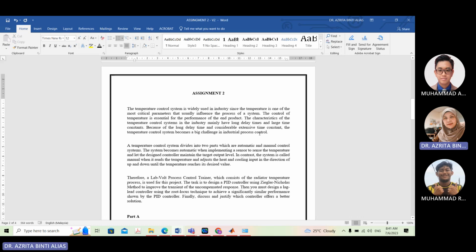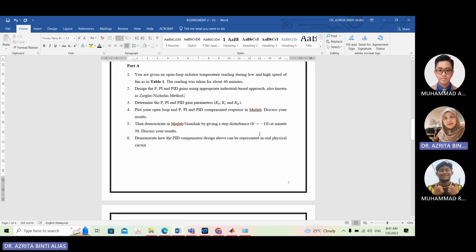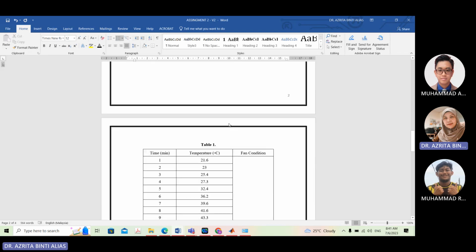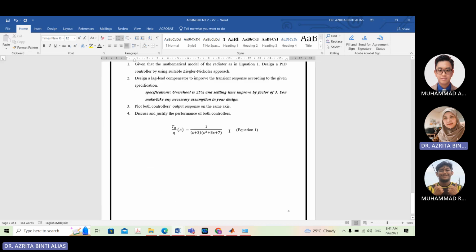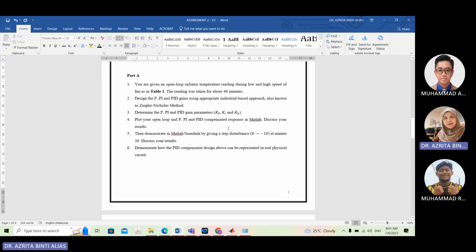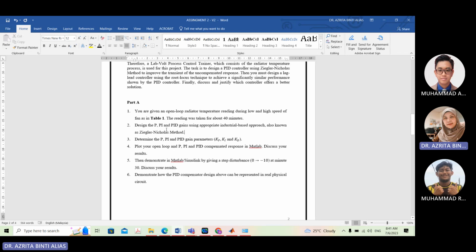Assignment 2 has 2 parts. You need to answer part A and part B. Part A only covers Ziegler-Nichols, how to design using the Ziegler-Nichols first method. This part is very important.